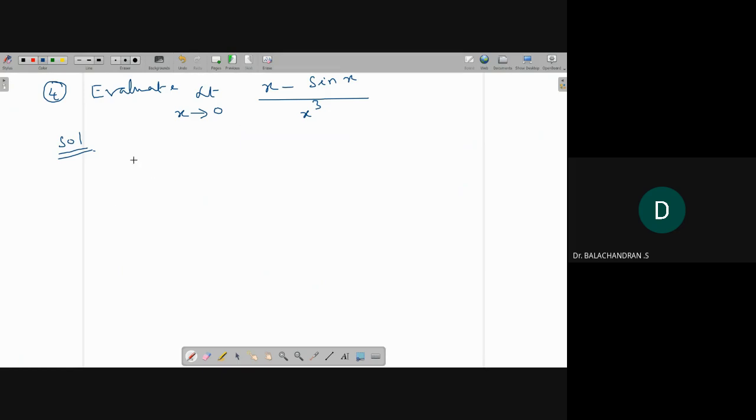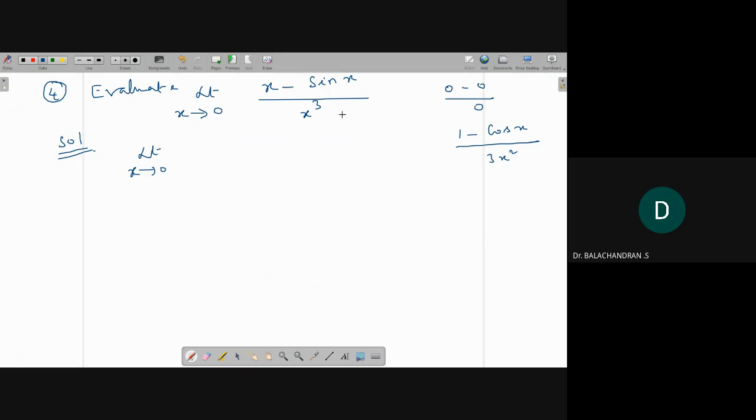Now the limit as x tends to 0, because if I put 0, you have 0 minus 0 by 0. So you differentiate the numerator separately and the denominator separately: 1 minus cos x divided by 3x square. Now you will apply the limits.